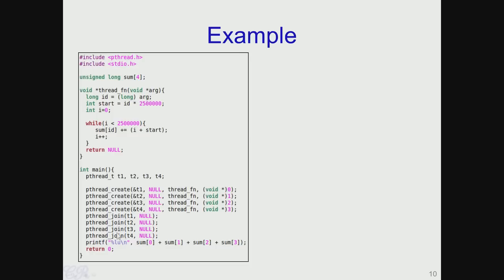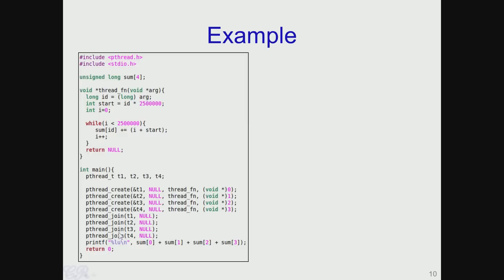So, it invokes 4 joins corresponding to the 4 threads, and what this join call would do is that it is going to block until the corresponding thread specified by the TID over here will exit. Thus, when thread T1 exits from this particular function, this pthread_join of T1 will wake up and it will complete executing.